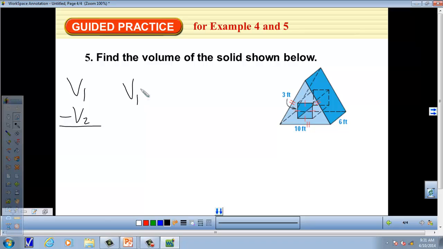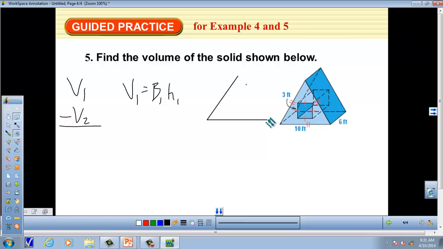For the first volume, we're going to do area of the base times the height for that base. And if we look carefully, this time the triangle, it's an equilateral triangle. You could use 1/2 a p, but there's actually an easier way to do it. So we're going to use that method.